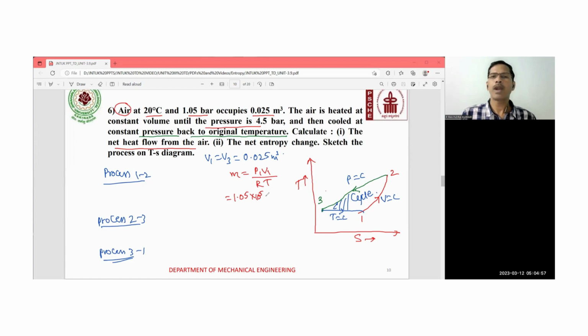Observe the units compatibility here. V1 is 0.025, R for air is 287, and the temperature is 293. So you will get the mass value as 0.0312 kg.